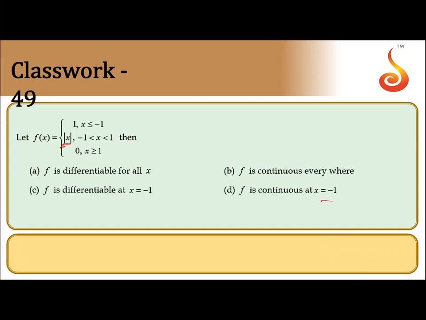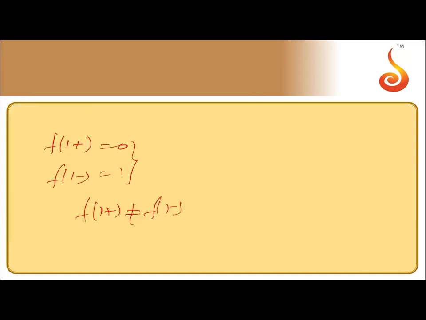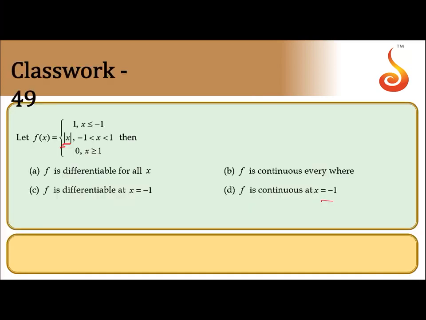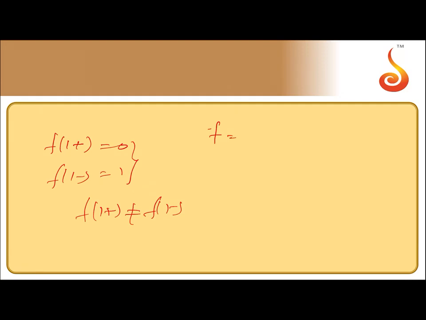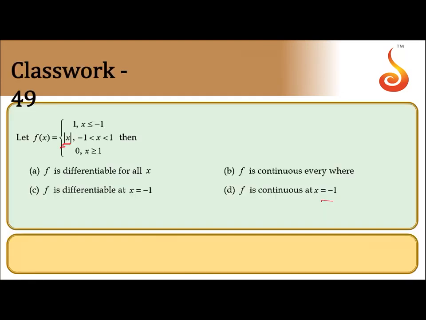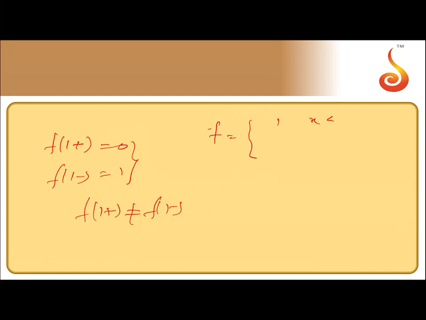Clearly, you can see that at x equals minus 1, yes, it is not continuous. When I take up the differentiability, the function f of x is equal to 1 when x is less than or equals to minus 1, minus 1 when x lies between minus 1 and 0, plus 1 from 0 to 1, and 0 when x is greater than or equals to 1.